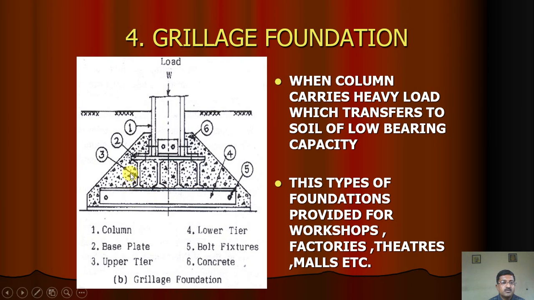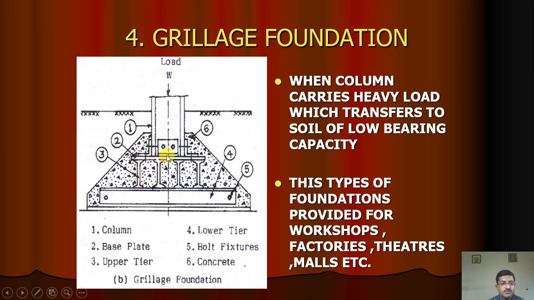Now, what is done initially? The total area for that particular column is excavated. At the bottom, this lower tier is called the lower steel joist. It is provided here. You can see these are connected by using these bolt fixtures.